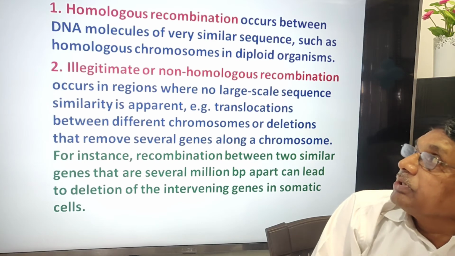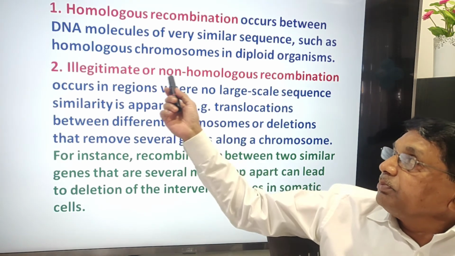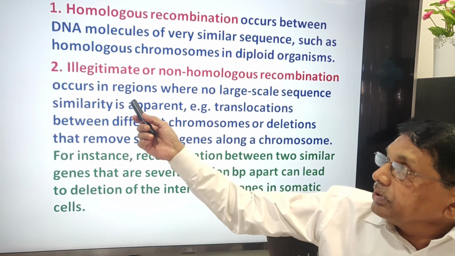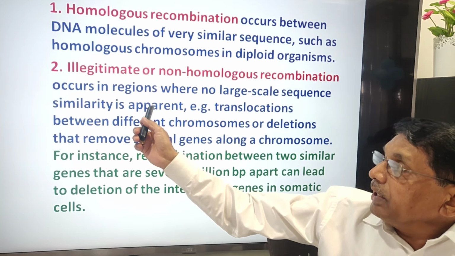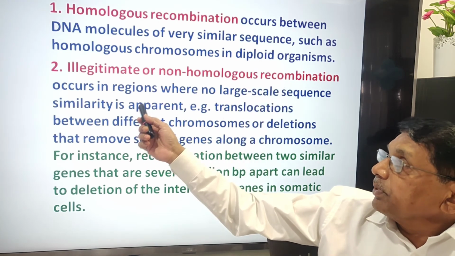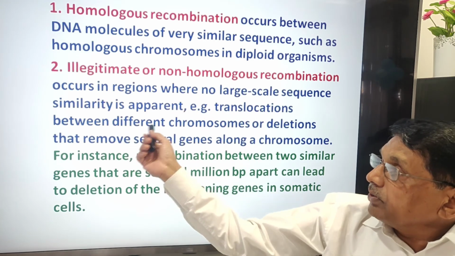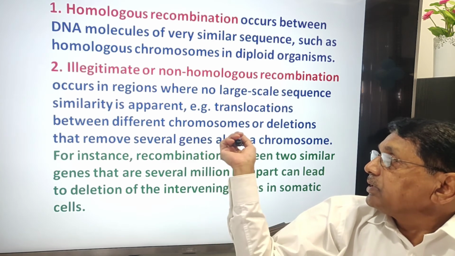Homologous recombination, then illegitimate or non-homologous recombination, where no large-scale sequence similarity is apparent. This includes translocations between different chromosomes and deletions that remove several genes along the chromosome.